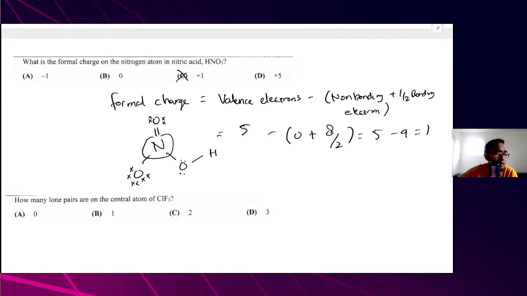All right. So now, again, we want to take a look at how many lone pairs are on the central atom of ClF3. Okay, lone pairs. So remember F. How many F do we have over here?